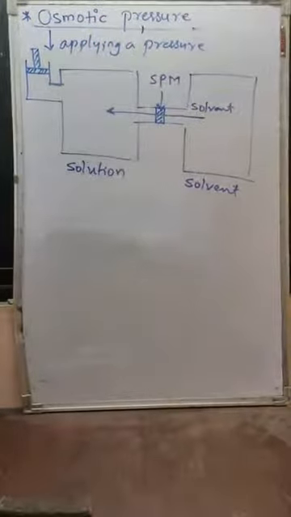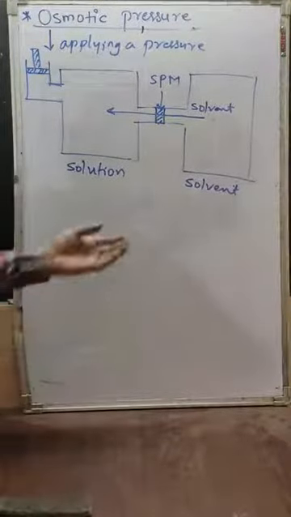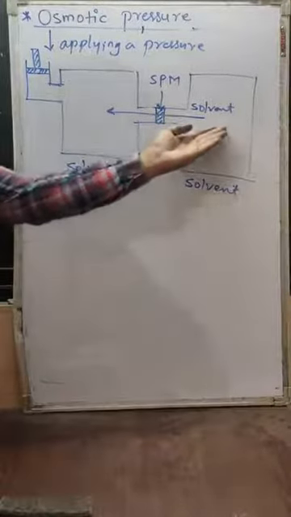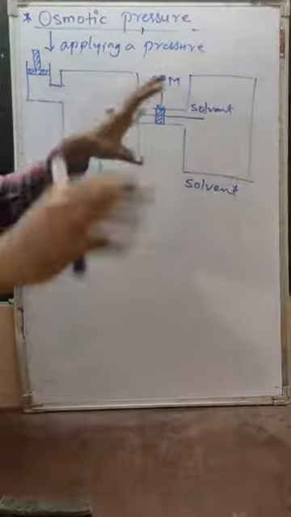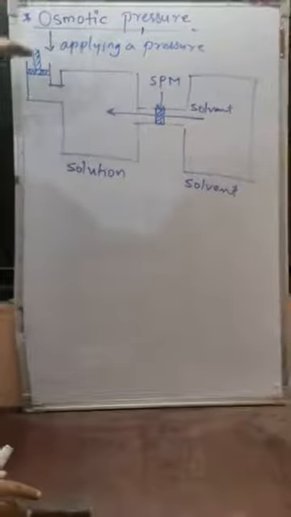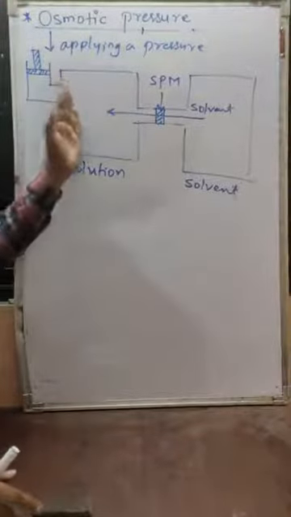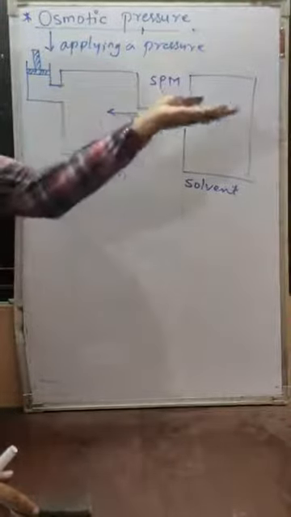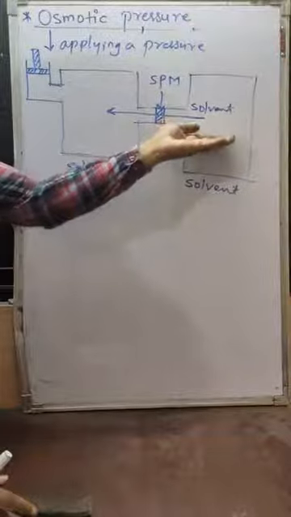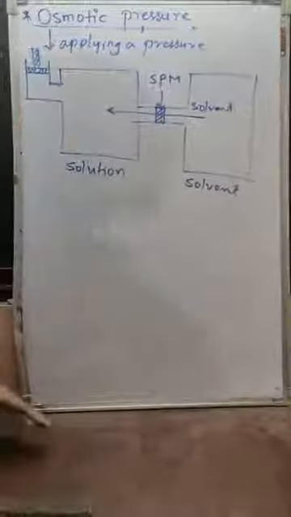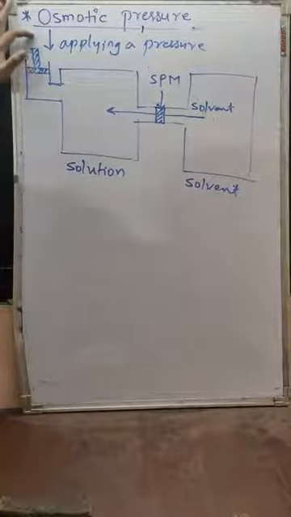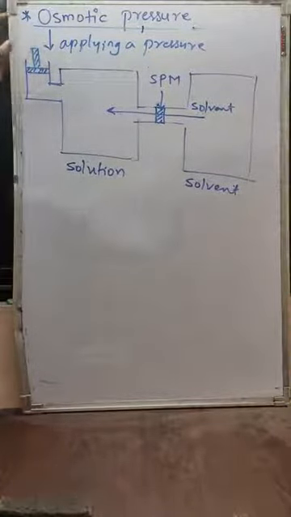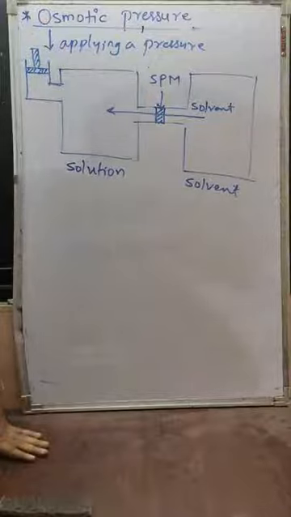Due to this pressure, what happened here? The flow of solvent molecule will stop here. When applying the pressure on the solution side, the molecules coming from the solvent side will stop. So this extra pressure which is applied on the solution side is called osmotic pressure.